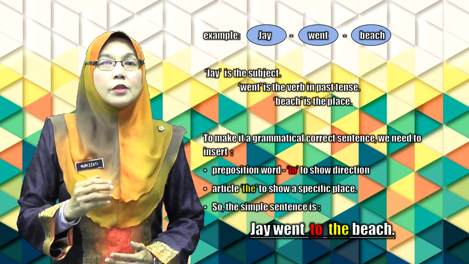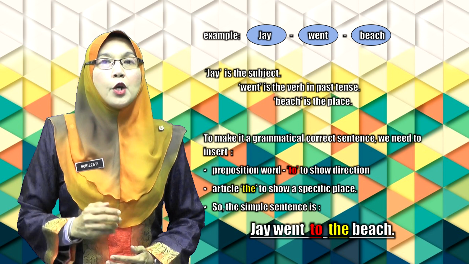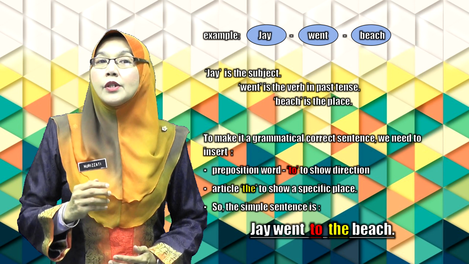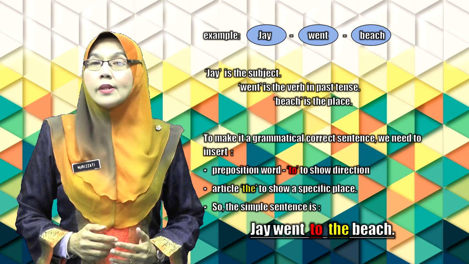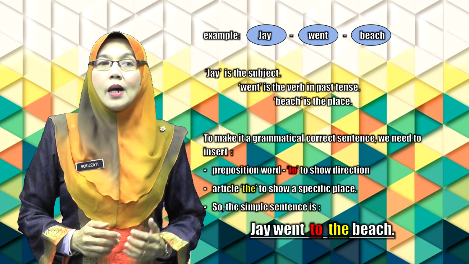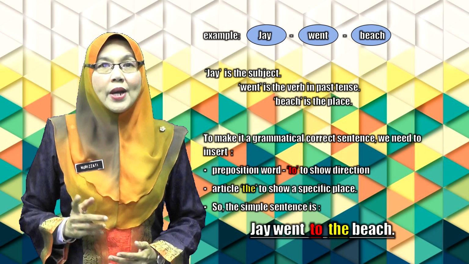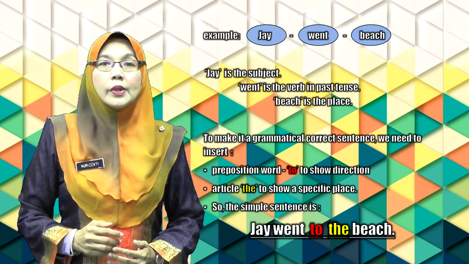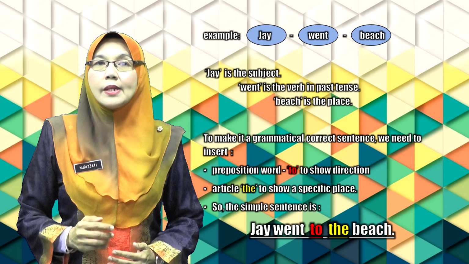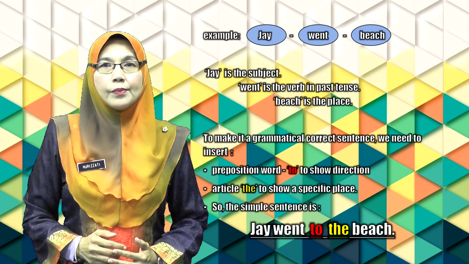To make it a grammatical correct sentence, we need to insert preposition word to show directions, and article the to show a specific place. So, the simple sentence is J went to the beach.